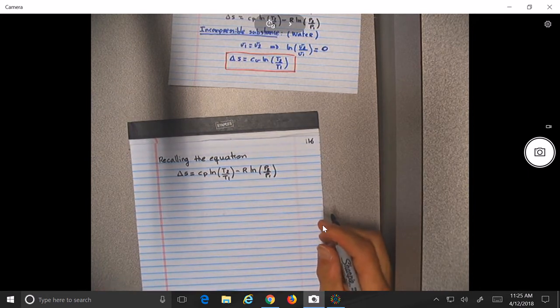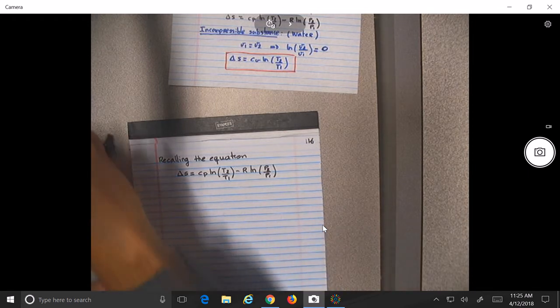Okay? So I have some equations here. I never showed this one, so I need to look at it.